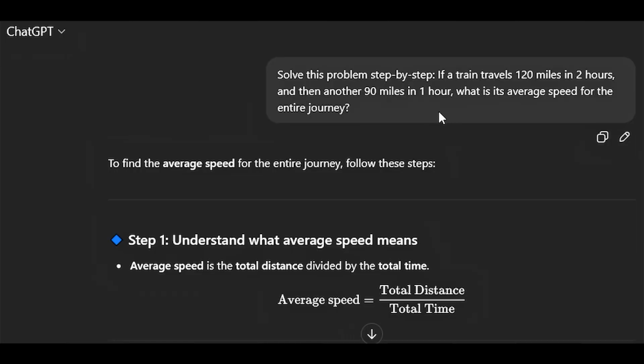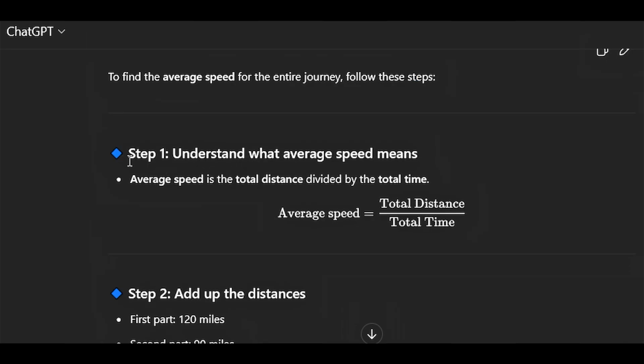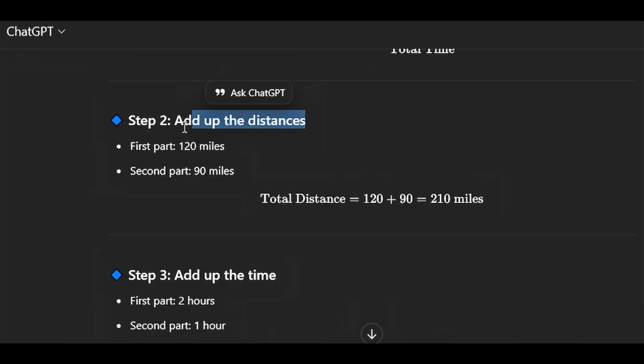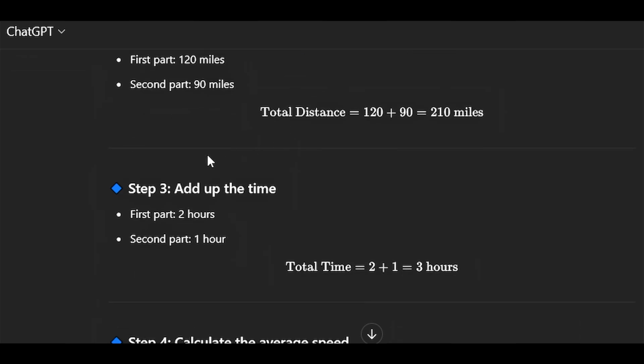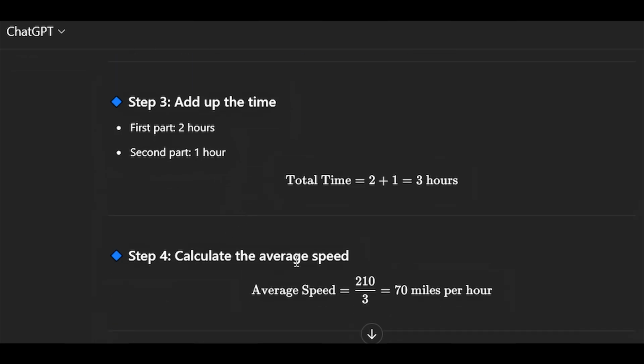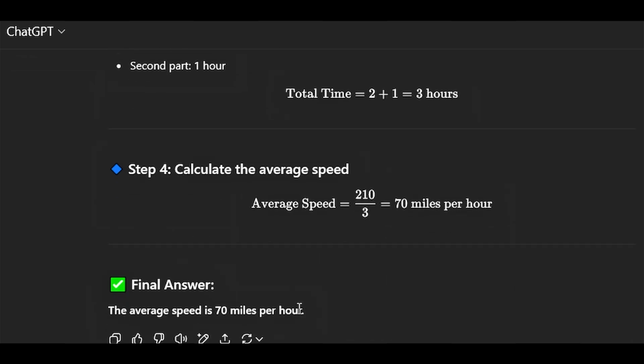Here I have the same prompt as the step back technique, but it is prefixed with solve this problem step by step, and this is to follow the chain of thoughts method. As you could see, first I have step 1 to understand what is the average speed, then step 2 addition of distances, step 3 is the time, and step 4 the calculation, and the final answer is the same as the last one, which is 70 miles per hour.